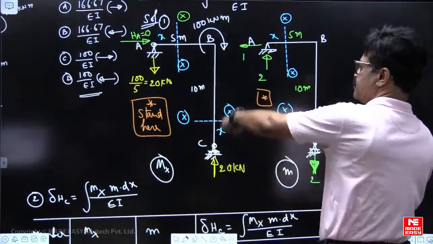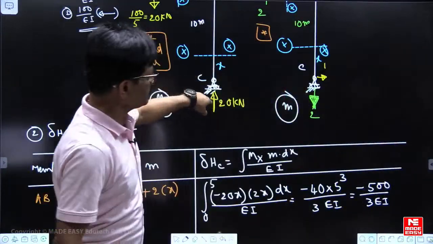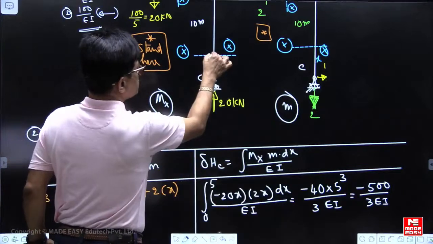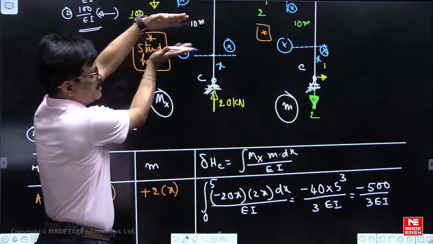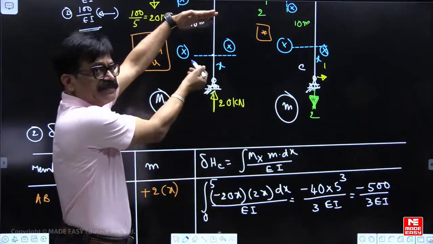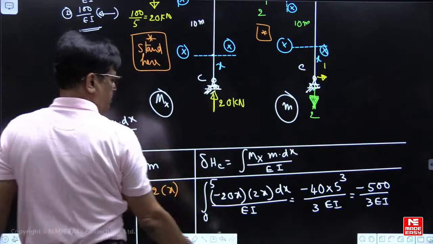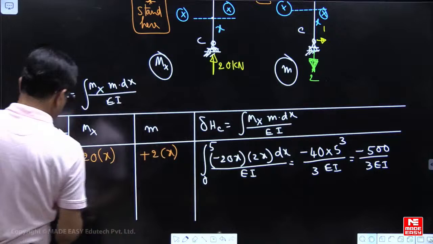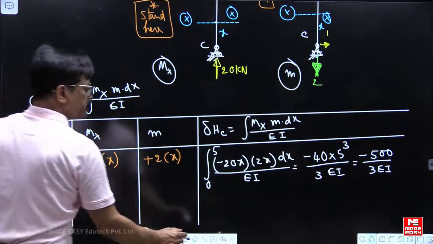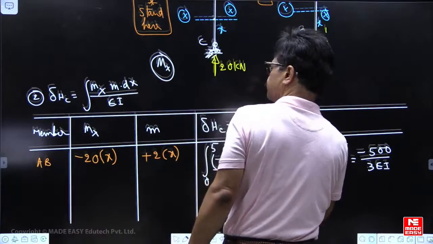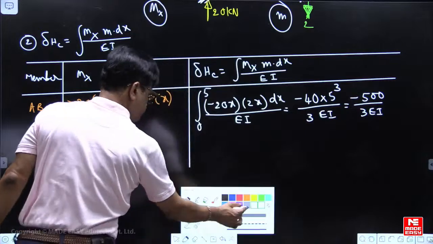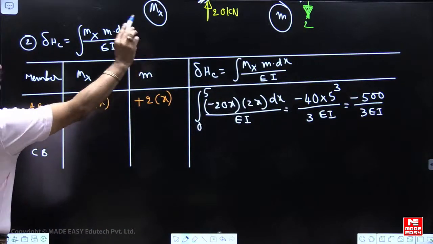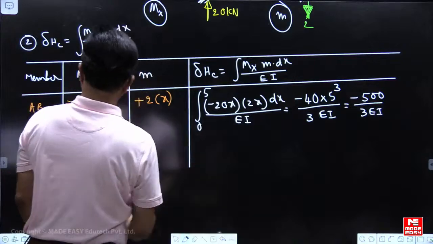Next, CB member. See here on the CB member, stand on this dot, go inside, stand here, look right side. Point will give zero moment. So once one fellow will give zero moment, other gives a moment or not, doesn't matter. CB member, Mx is 0.